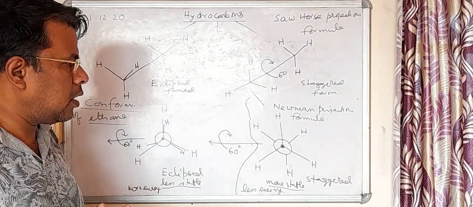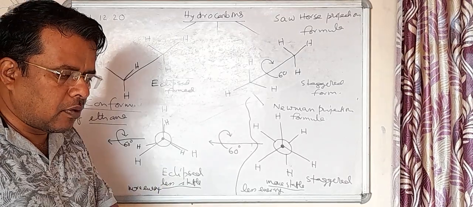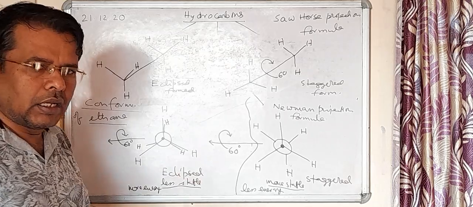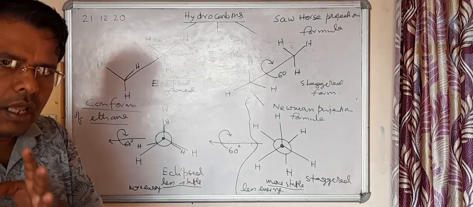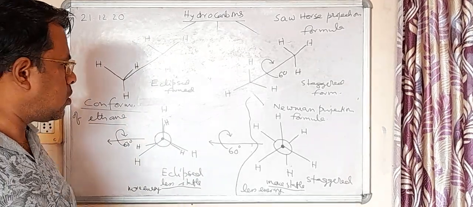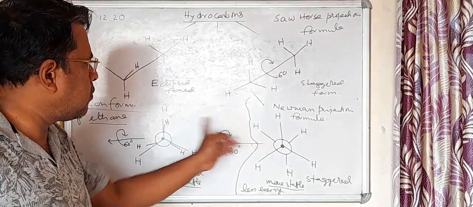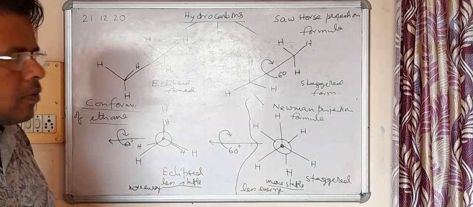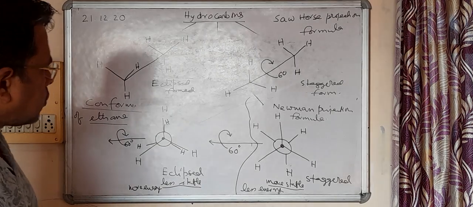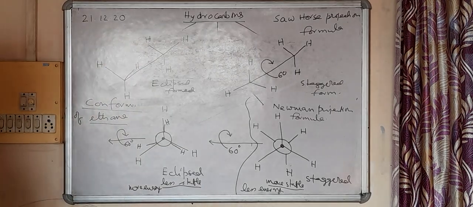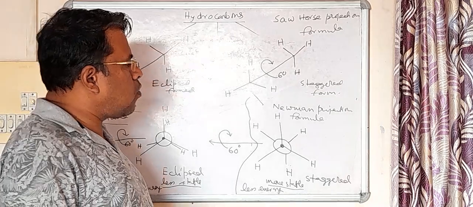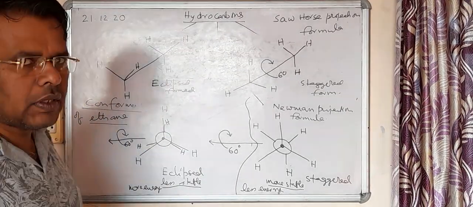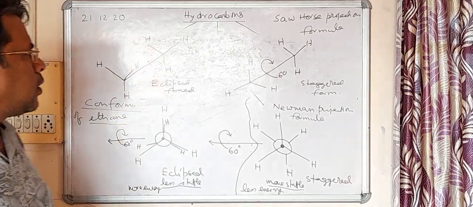For example, it cannot be done that in one container we have only staggered ethane and in another container only eclipse ethane. That is not possible because there is rapid interconversion from one form to another. This is one thing you have to remember: the conformers of ethane, we cannot separate.